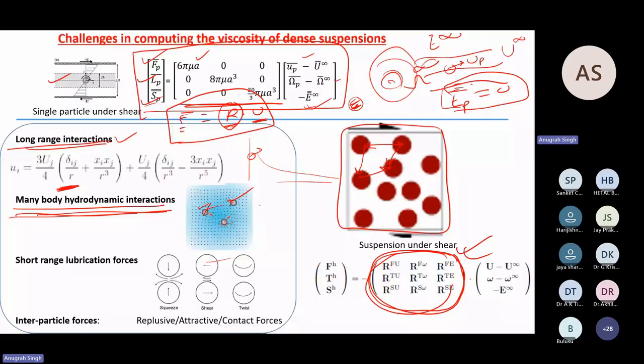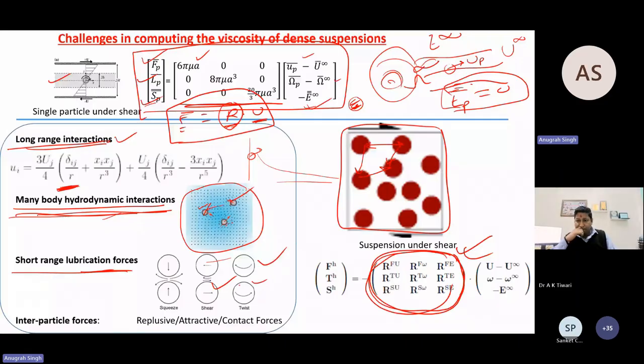Also, the particles can be not only far all the time, they can be very close, so that you'll have lubrication. Lubrications are two body forces. So you can have squeeze motion, shearing motion, or twist, one particle rotating this way, other this way, there will be torque, and all sorts of complications will come. But fortunately for two bodies, we have analytical solution, so that's not a problem.